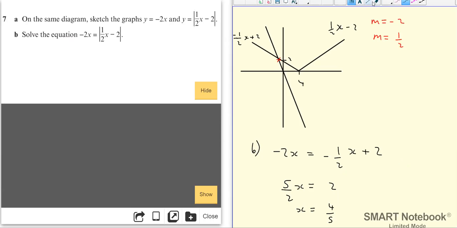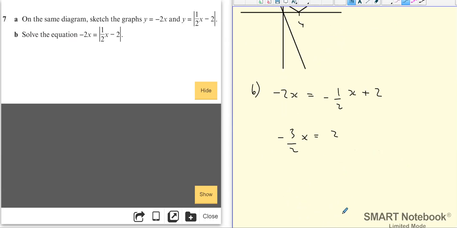No, I've done this wrong. I've added it incorrectly. Oops, sorry. So I get minus 3 over 2x equals 2. If I take that over, then I get x equals minus 4 over 3. I made the same mistake as you had. And all it wanted was solve that equation.